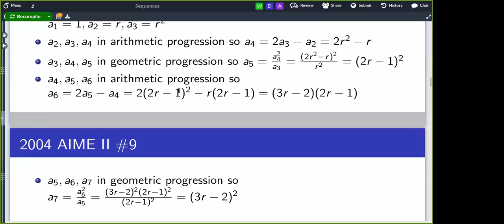Here you can see why keeping it factored is useful. If we had these expanded, it would be very hard to tell what exactly the expression would be. But since it's factored, the numerator and denominator cancel nicely. And then we can continue as follows.